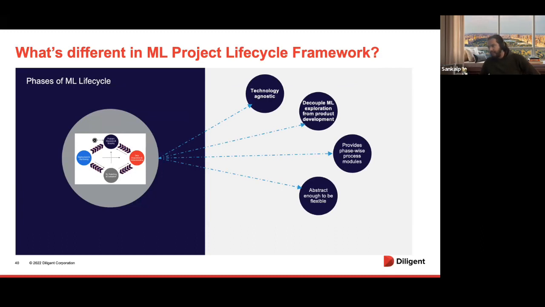Like I said, it's abstract enough to be flexible in terms of using it within any dev environment. And it's certainly detailed enough as well in terms of the phases and milestones so as to capture the majority of the machine learning concerns during the development process.